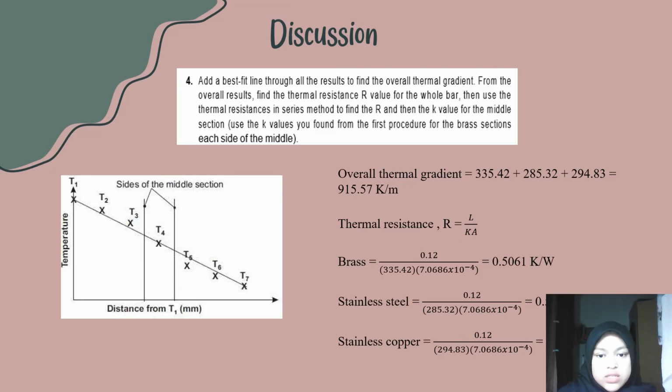As you can see, this is our thermal resistance for each material: for brass it is 0.5061 kilowatt, stainless steel is 0.5950 kilowatt, and copper is 0.5758 kilowatt.